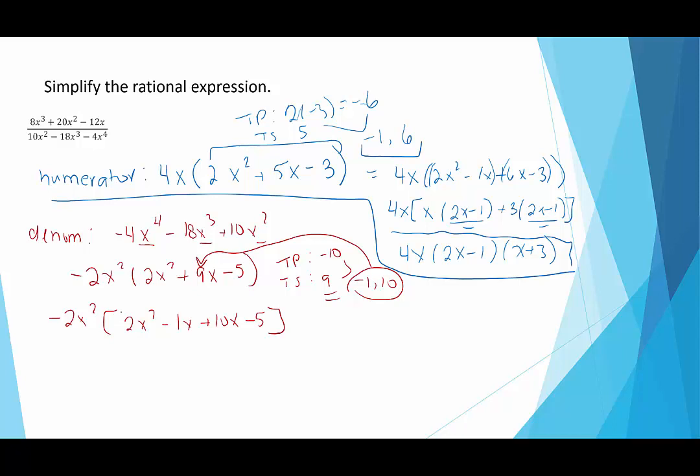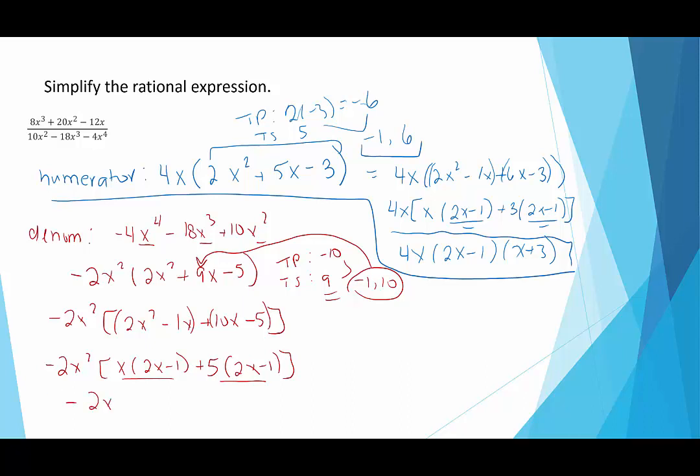This allows us to factor by grouping because now we have 4 terms, and we're going to pull out the GCF from each grouping and see if we end up with something in common. This first grouping, I'm going to factor out an x, leaving behind 2x minus 1. The second grouping, 10 and 5, have a factor of 5 in common, leaving behind 2x minus 1. These two terms do in fact have a common factor of 2x minus 1.